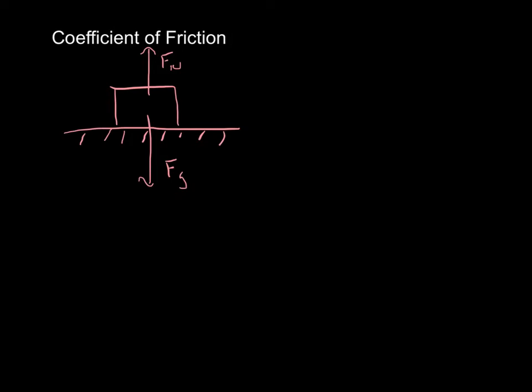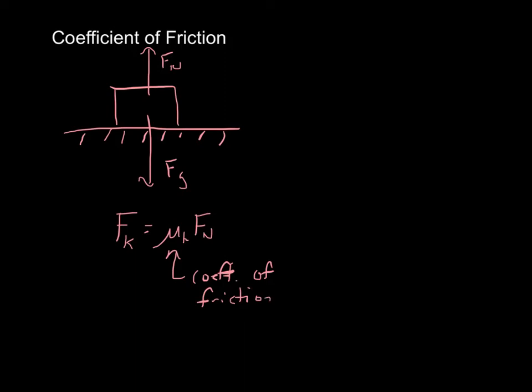So our two equations to calculate friction look like this, and we'll start with kinetic first. So for kinetic friction, we're going to say Fk equals mu k Fn. And this mu k here is what we call the coefficient of friction.